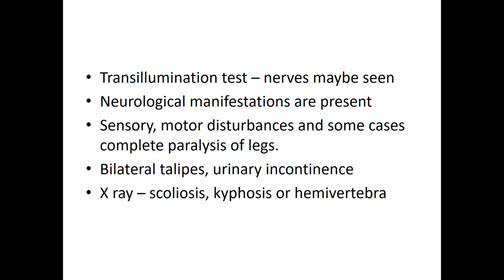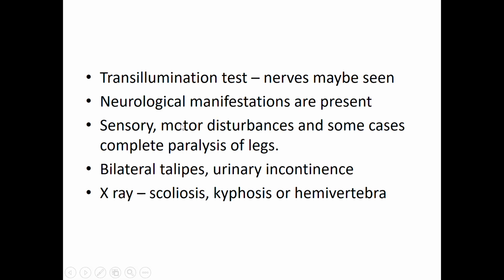On transillumination, the nerves also may be seen. And one more very important thing is that neurological manifestations are present. In the previous variety, the meningocele, neurological manifestations are not very common, but in the meningomyelocele they are definitely present. This is one way to differentiate meningomyelocele from meningocele.